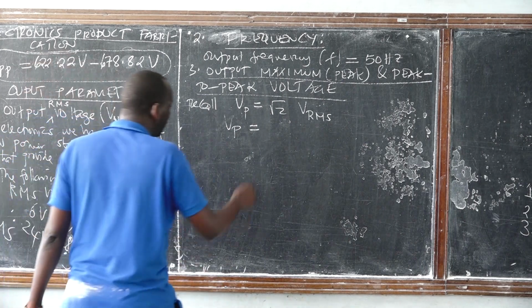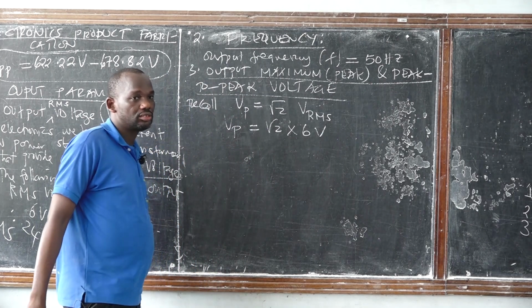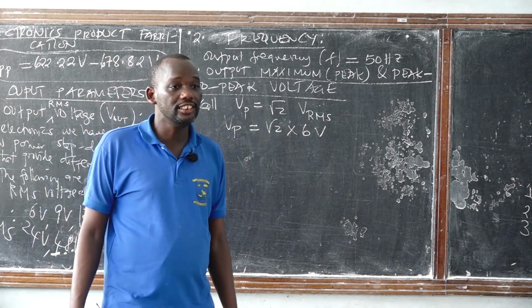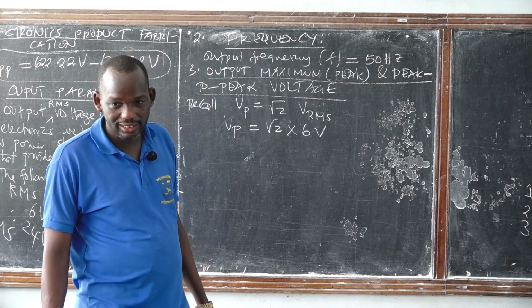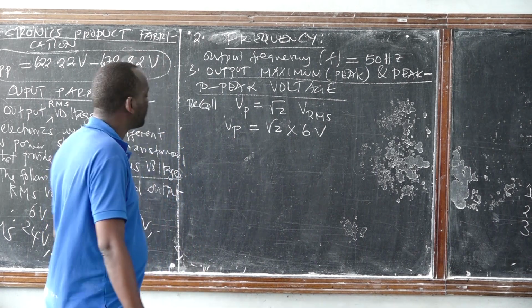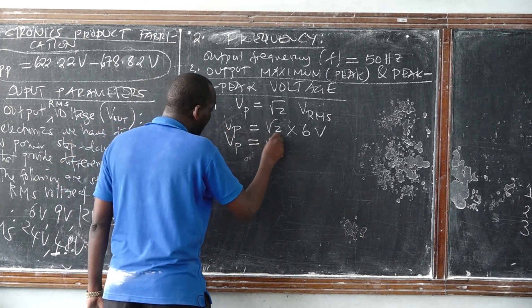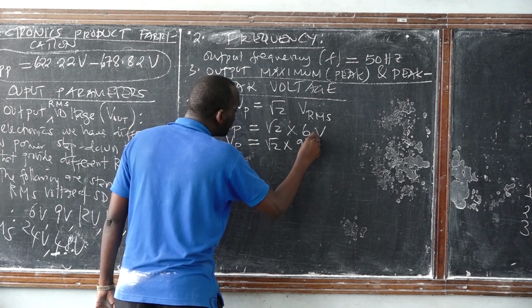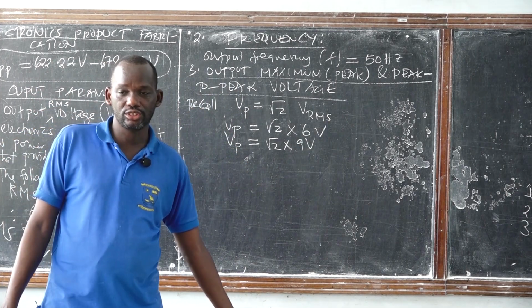If it is 60, we have square root of 2 times 60 volt. What do you get if you multiply? Then, if you have a step-down transformer providing 9 volts, to get the maximum voltage you just plug into the formula.